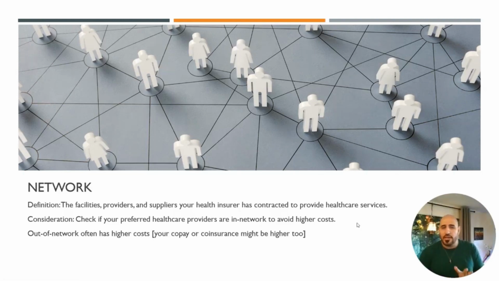So check if your health insurance has preferred in-network providers to avoid higher costs. The same service you would get from an in-network doctor might be cheaper than from one that is out of network, which is usually higher because they're not contracted.